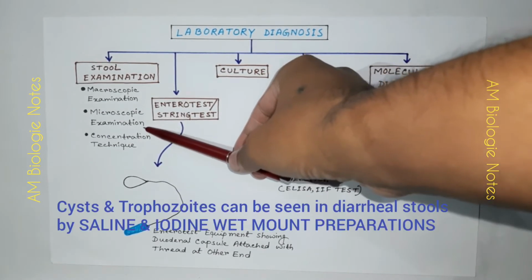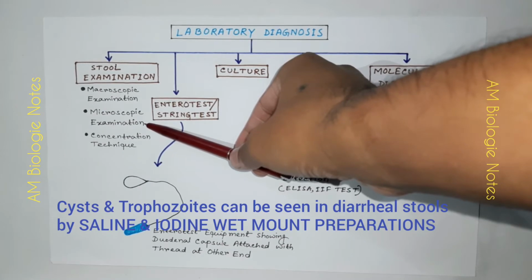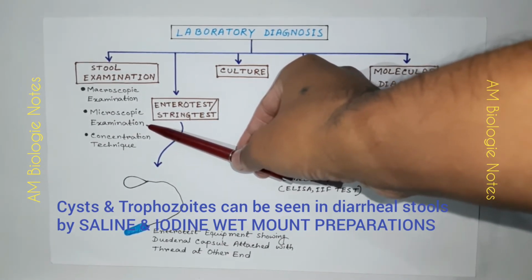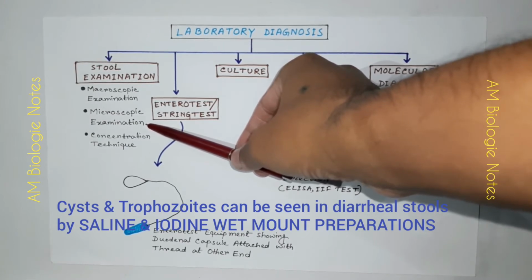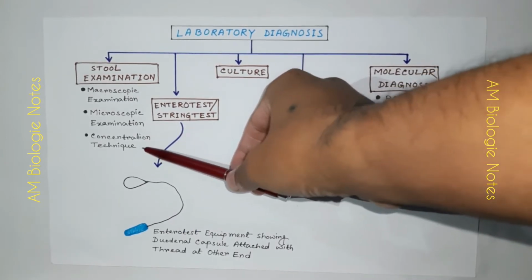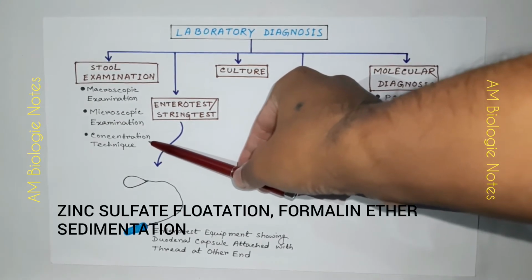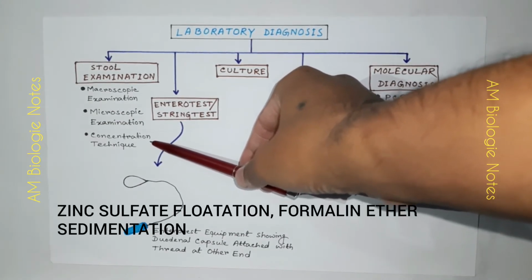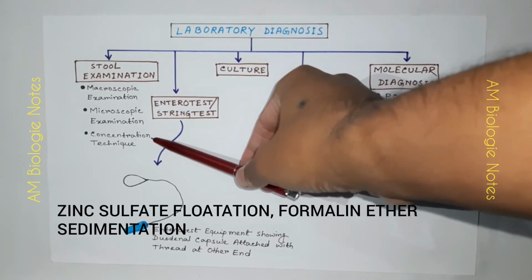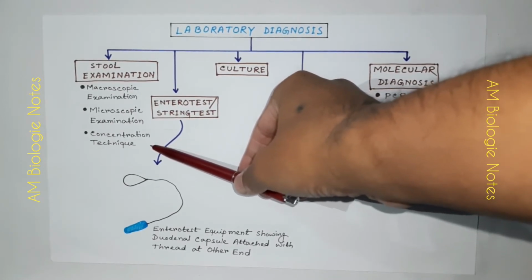On microscopic examination, cysts and trophozoites can be found in diarrheal stools by saline and iodine wet mount preparations. Often multiple specimens need to be examined. Concentration techniques like zinc sulfate flotation or formalin ether sedimentation methods are employed to increase the chance of detection.